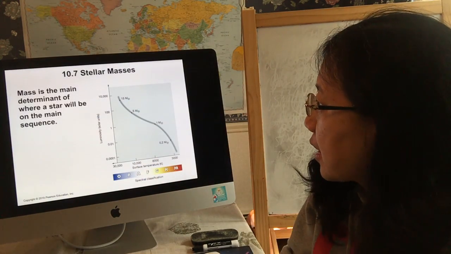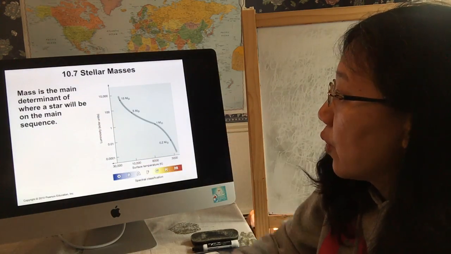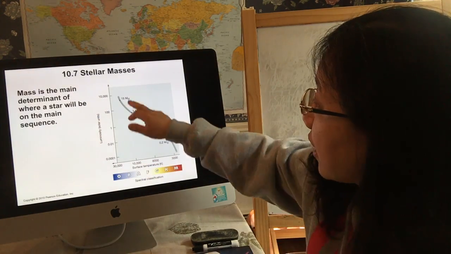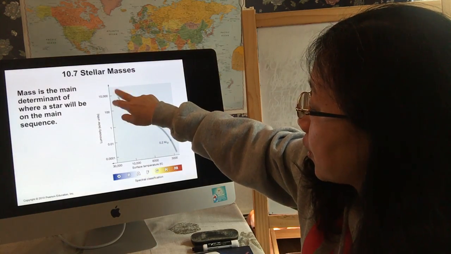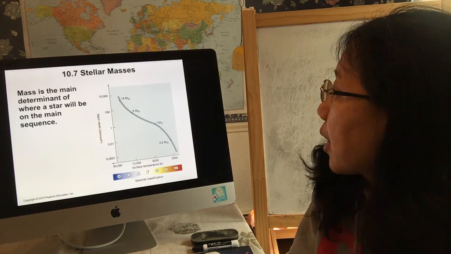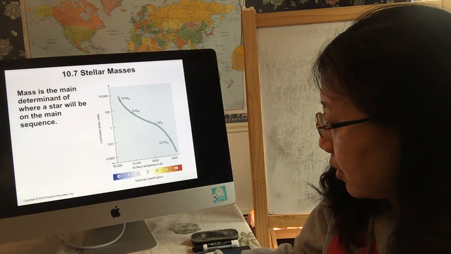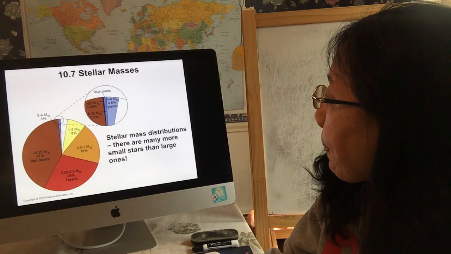If the mass is getting bigger, they're going to have higher temperature and also higher luminosity. And we know that this is where the young stars like to stay on the HR diagram, and that also tells you something about the life cycle of a star.